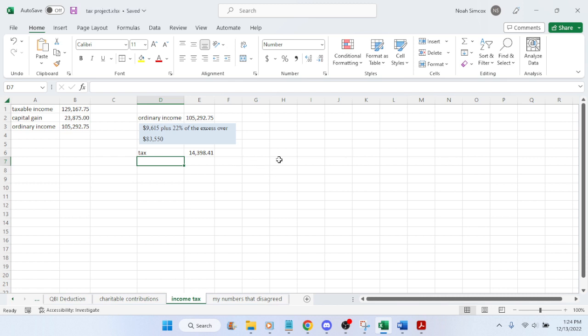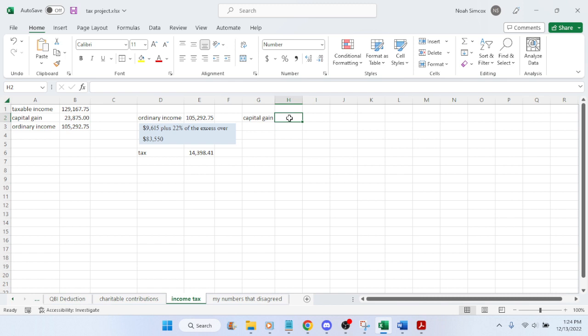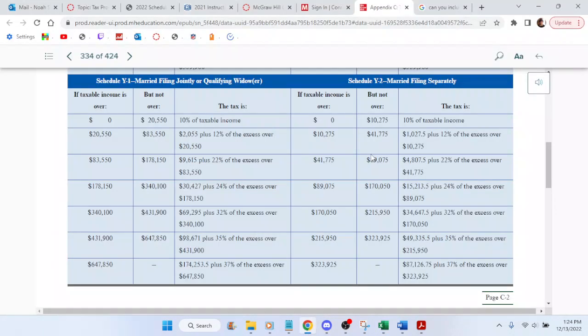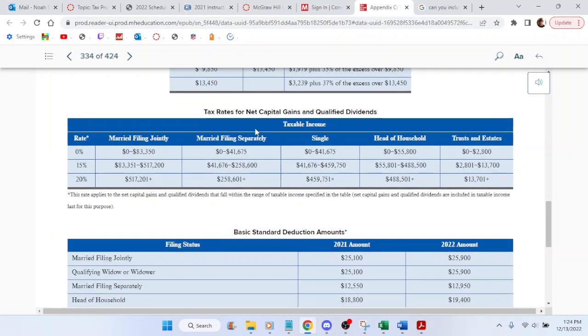And then we have capital gain is 23,875. Capital gain. So now how do you calculate capital gain? Well, they're in the 22% tax bracket. Okay, so capital gains, married, filing jointly.